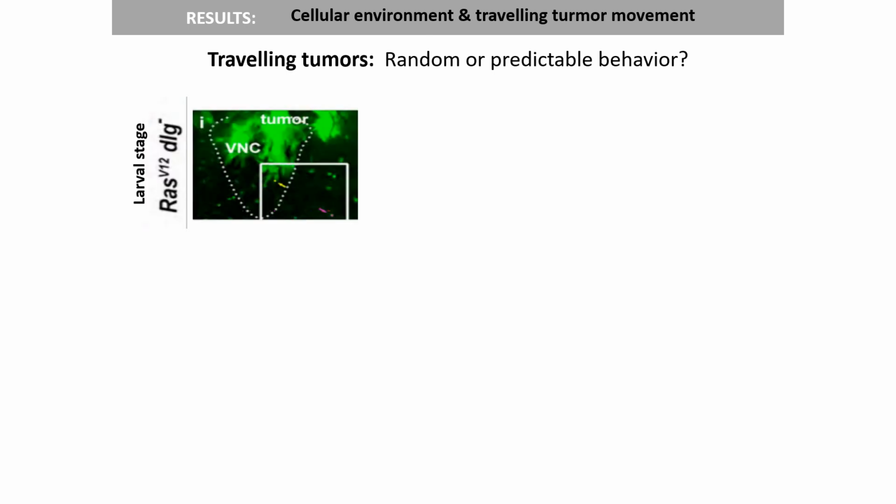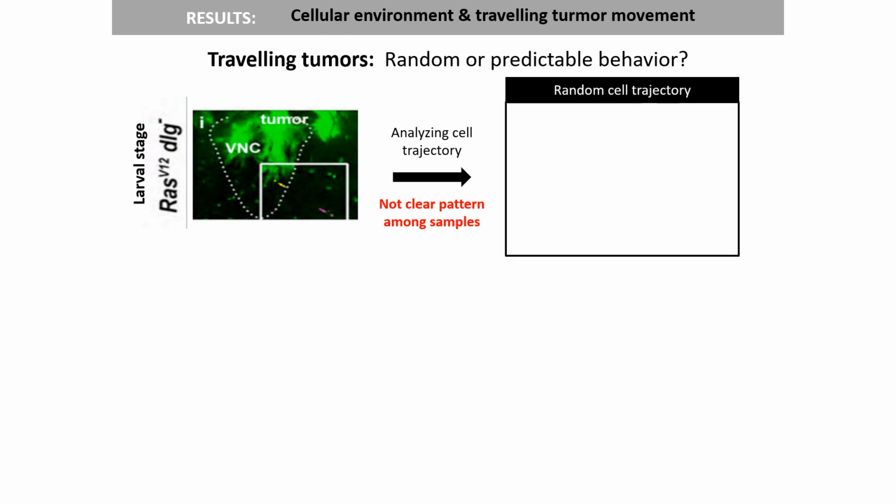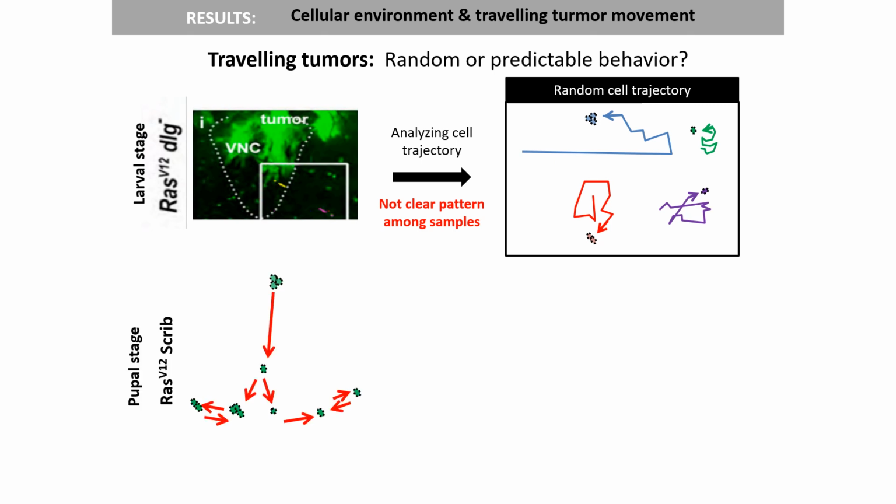So we were trying to see if we see a random behavior or we find some predictability in the type of movement. This is something that we already found, that we have the data, and hopefully I find somebody to help me finish this paper. We found that there were so many different trajectories. However, when we analyzed all these different trajectories, we saw that all of them follow the same path.